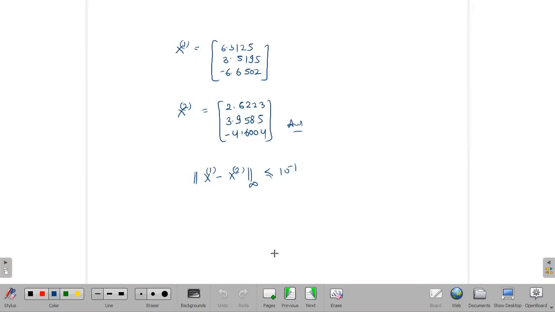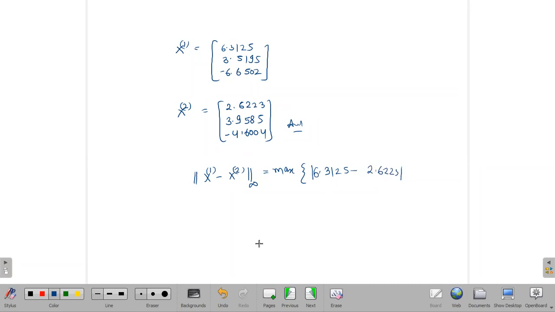Ma'am, at what step the accuracy is less than 1 by 10 in the norm? We can find this. Yes. If I find maximum of, let us find, 6.3125. Okay, it is not. It is 2.6223.